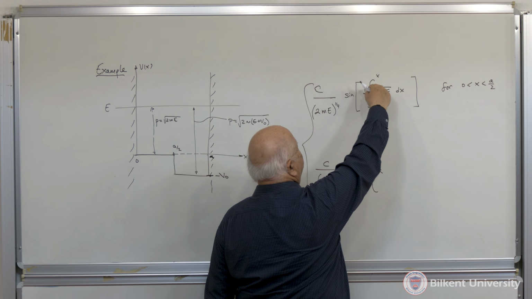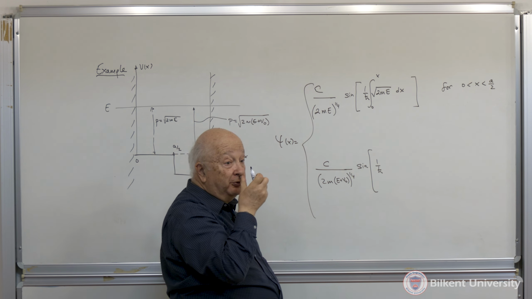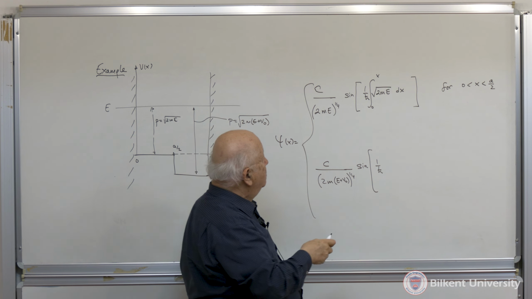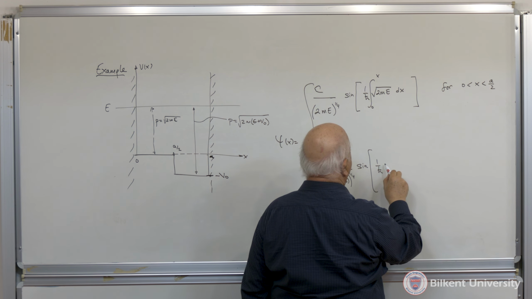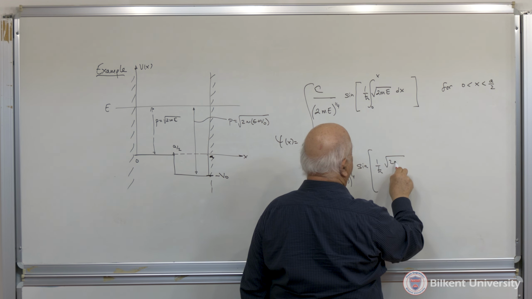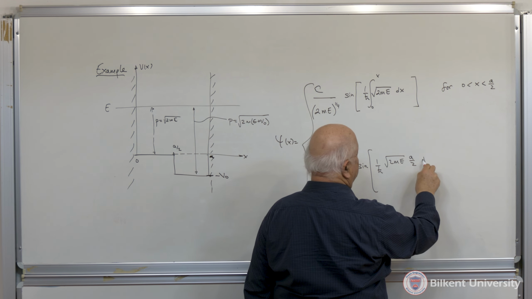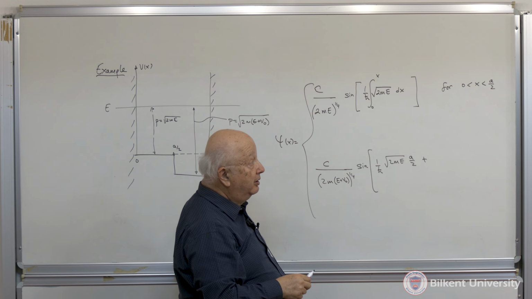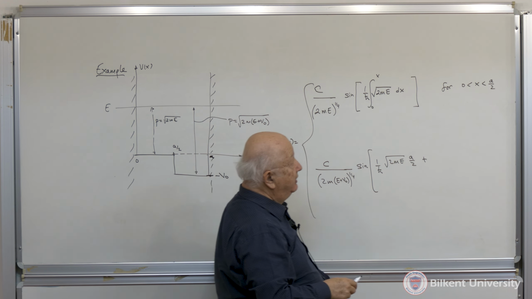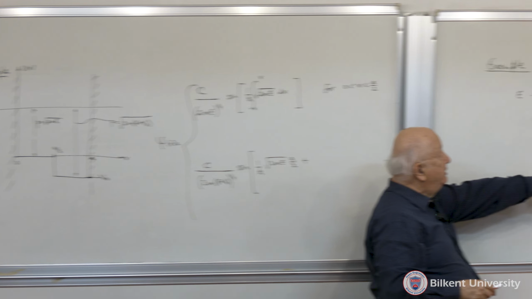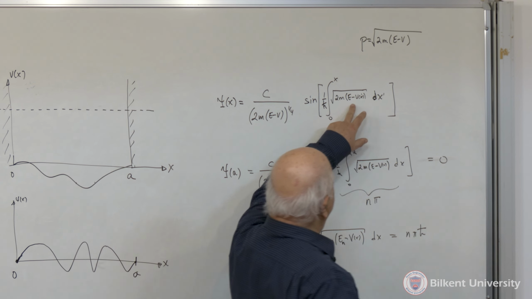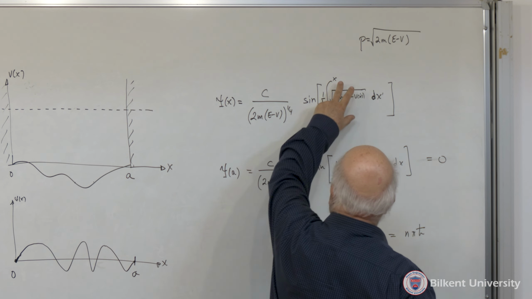This integral will be evaluated all the way to a over 2, so I'm going to get the square root of 2me times a over 2, plus the rest of the integral. I have to integrate the full object e minus v from 0 to x.